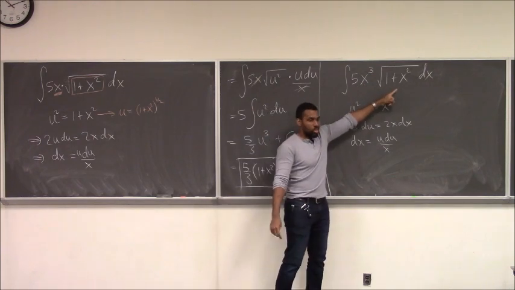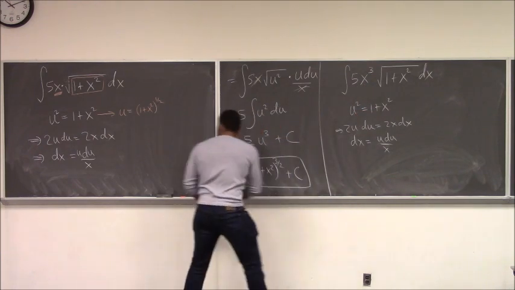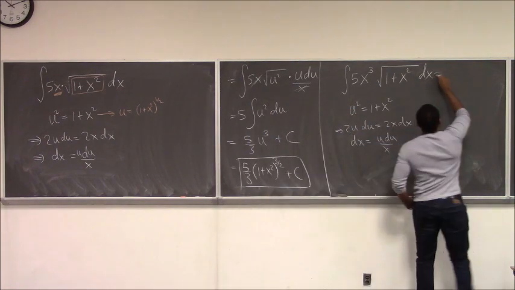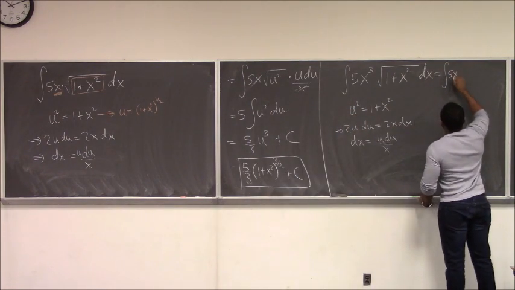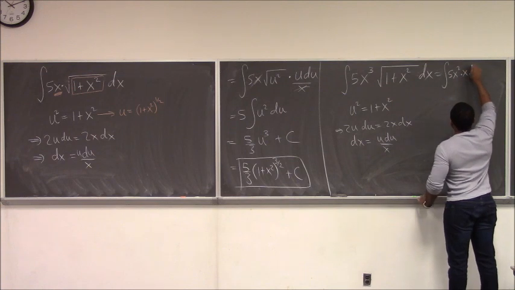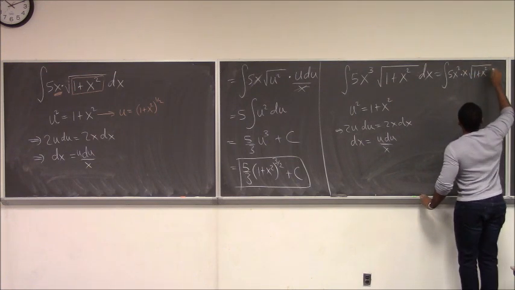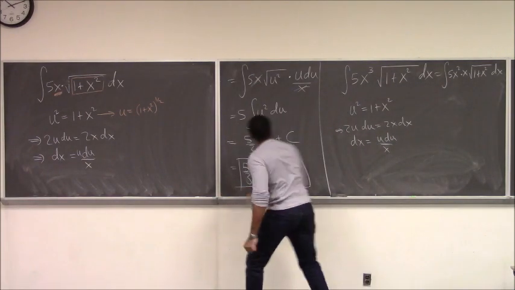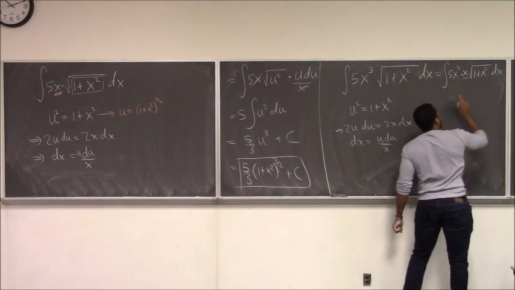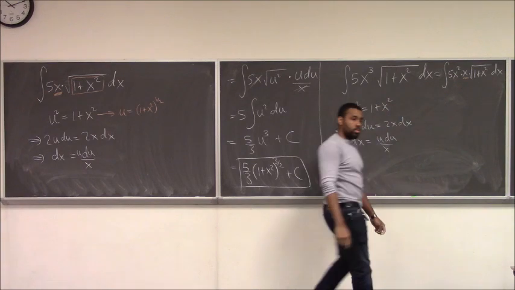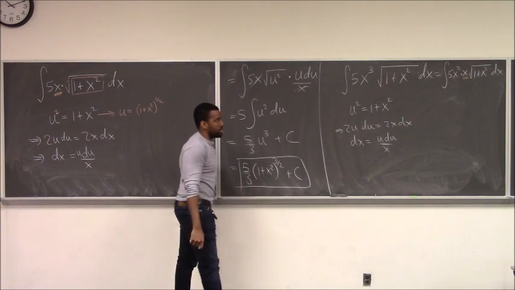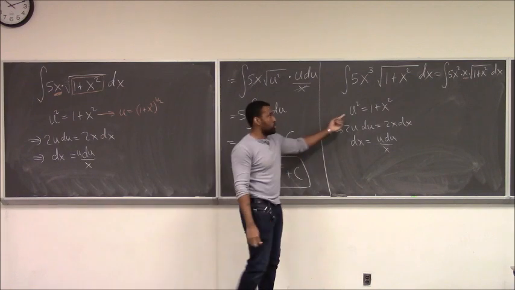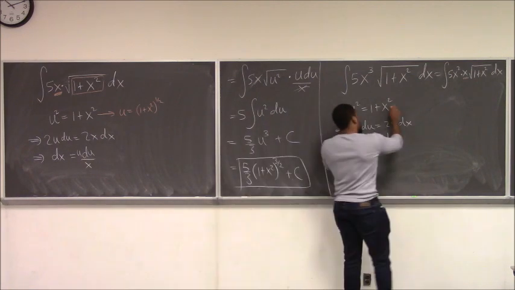Technically, it's not the derivative, but what you need to realize is that the x cubed I can think of as x squared times x. And so the derivative part that I care about is actually this x right here. But now there's going to be an x squared left over. And you might wonder, well, I'm not going to be able to cancel that x squared, but of course you don't need to, because you can solve for x squared from here.